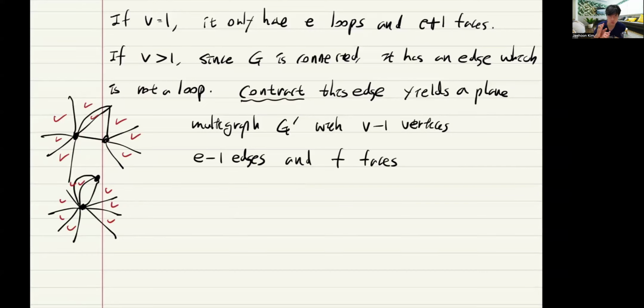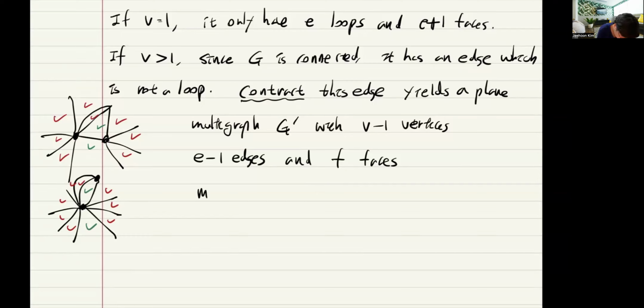We just continuously move their boundary. They never disappear. And for the faces which have this edge on their boundary, while we are contracting it, the length of the face just shrinks by 1, but it doesn't disappear. Of course, it doesn't produce a new face either.